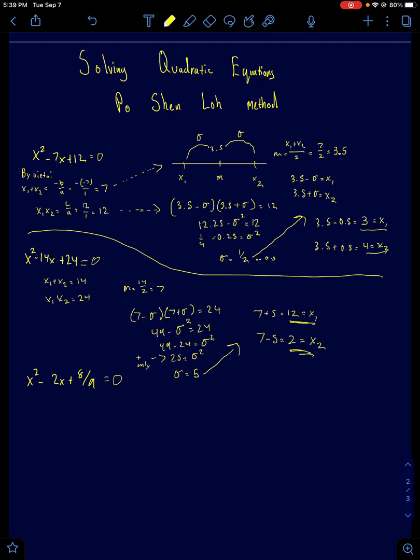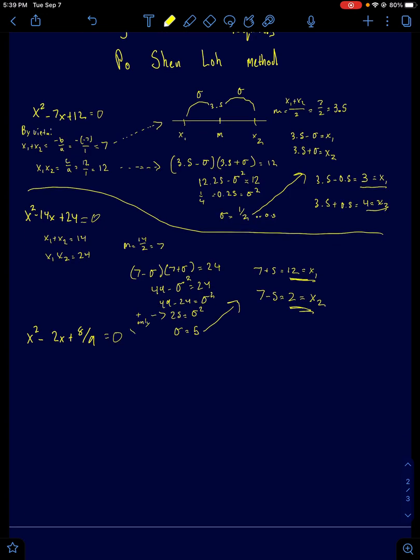Alright, let's go to our next example. x squared minus 2x plus 8 over 9. The first thing we need to know is our midpoint. So our midpoint is just 1. Next, we know that x1 plus x2 is equal to 2, and x1 times x2 is equal to 8 over 9.